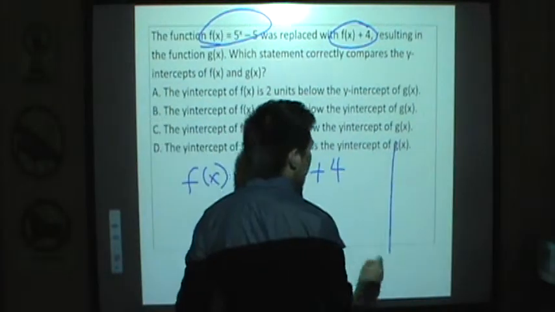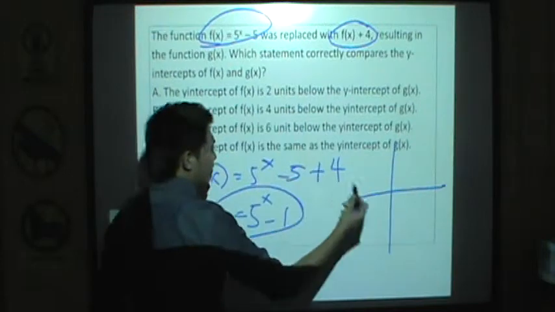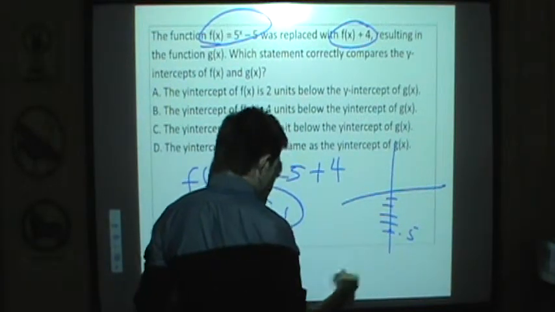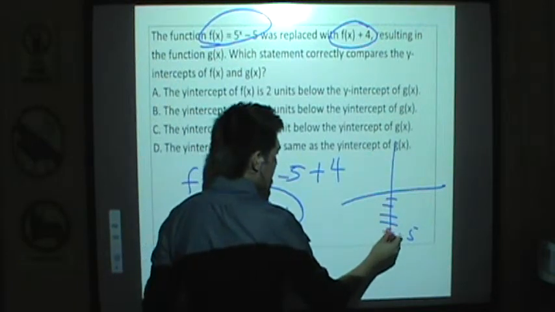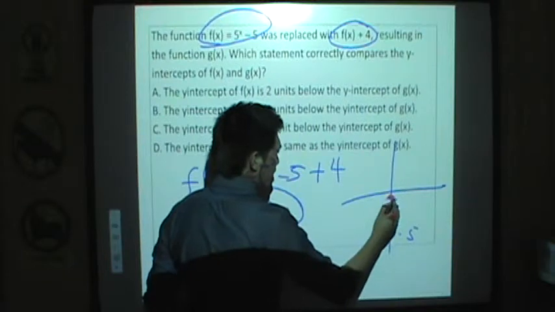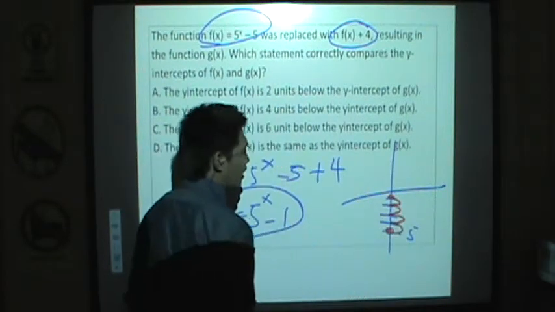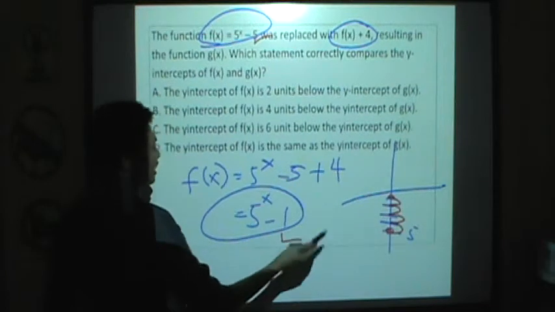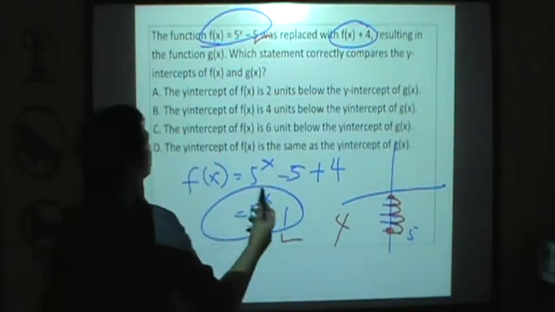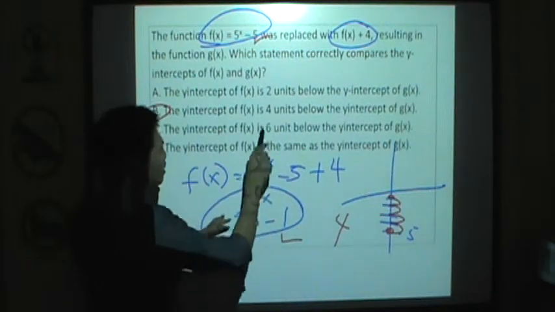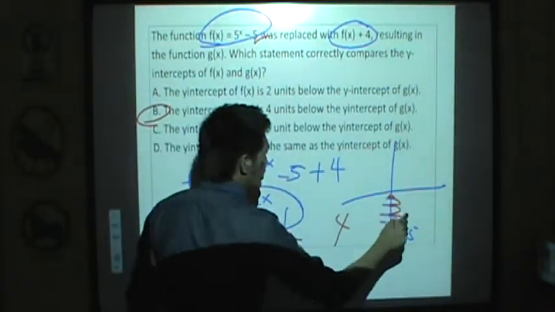If your original y-intercept is negative 5, and your new y-intercept is negative 1, the distance between negative 5 and negative 1 is actually 4. Therefore, the answer is that the y-intercept is 4 units above.